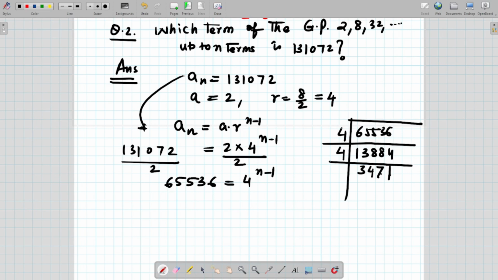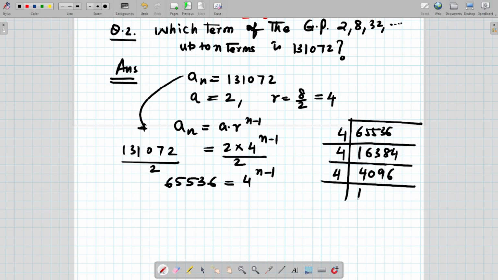Can you let me know what is the value? 16384? Okay, let's make it correct, correction कर लेते हैं यहाँ पे. 16384, and what will be the next one? 4096, फिर से एक बार करो.